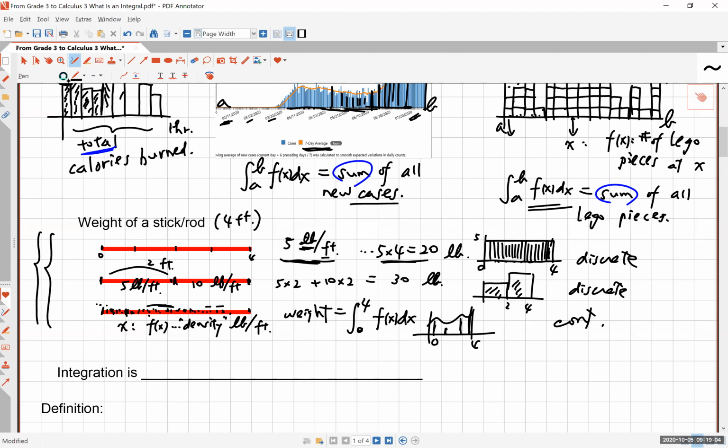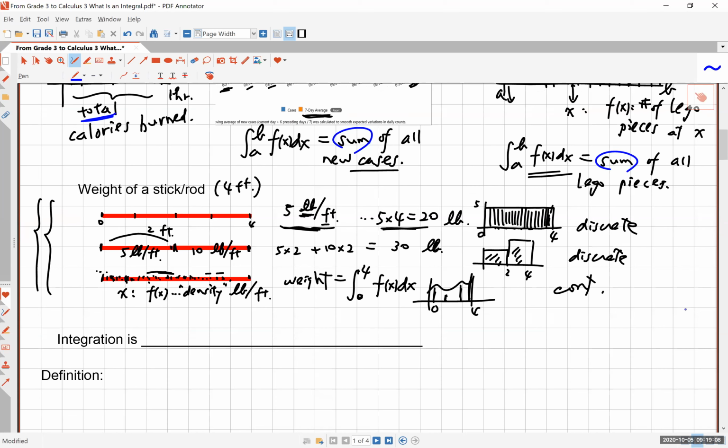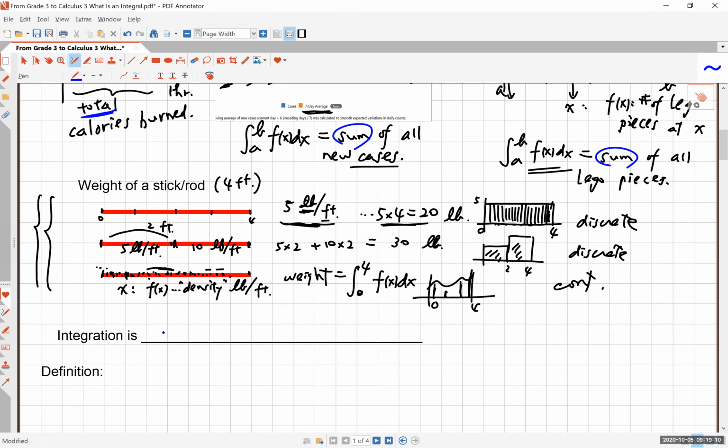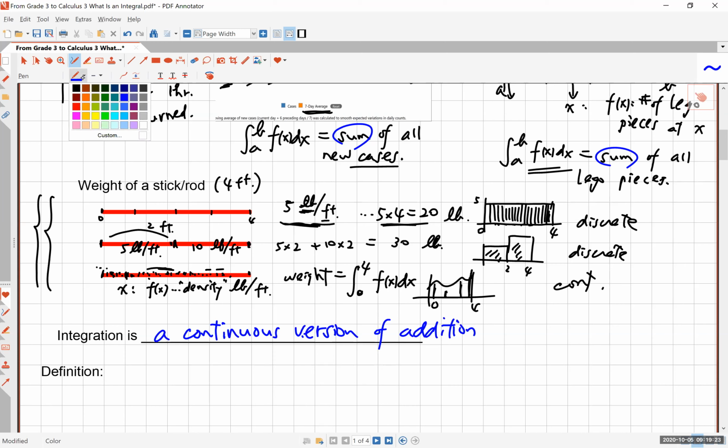So what I want you to take away from this, the number one takeaway: integration is a continuous version of addition. I will be referring to this over and over, not only in this upcoming chapter, but the next one. I will ask, what is integration? And your answer should be it's a continuous sum, or continuous addition, or a continuous version of addition.